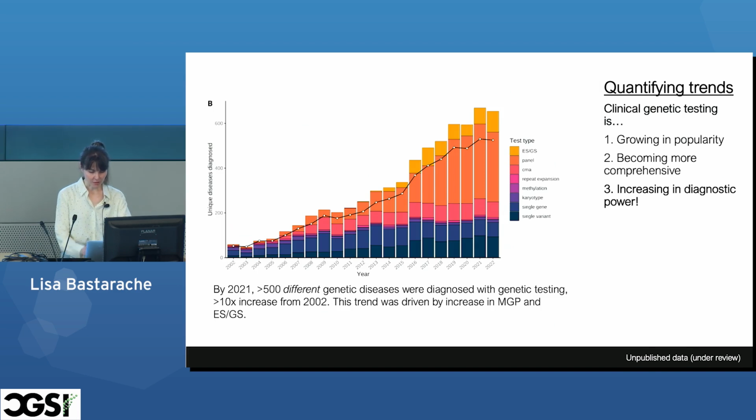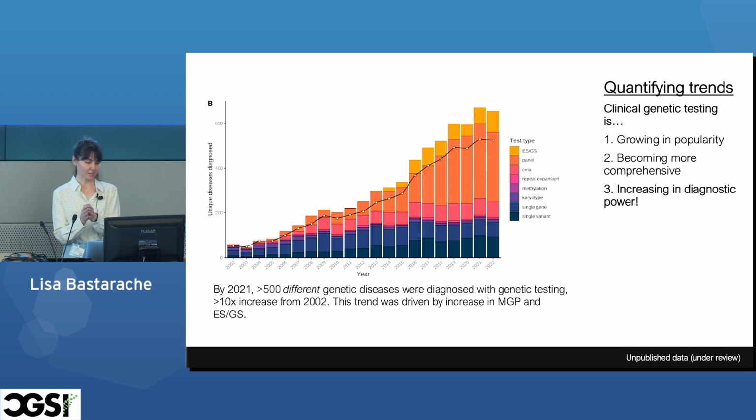I'm going to gloss over this. Oh, this is actually kind of interesting, though. Once we did pull all this data together, 21 years of clinical genetic testing at Vanderbilt, we noticed certain trends, like genetic testing is getting more popular. That's not that exciting, but I thought that this was really cool. This plot shows the number of unique genetic disorders that have been diagnosed with genetic testing at Vanderbilt per year.